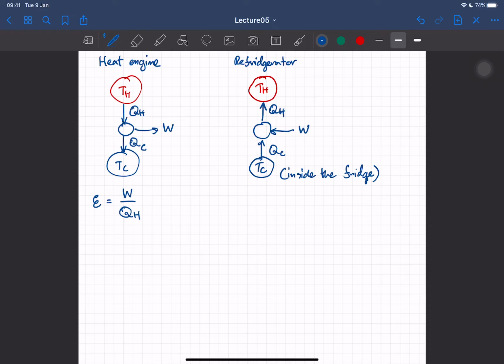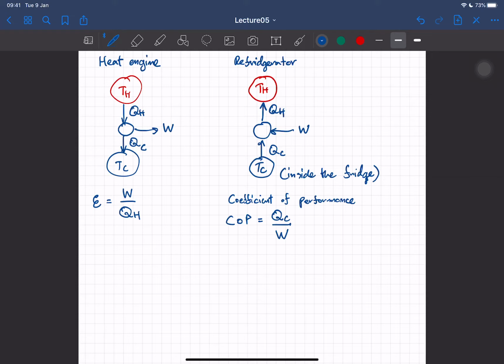But instead of calling it efficiency, we use a different name, which is the coefficient of performance, or COP, and that's defined to be what we want, again, divided by what we need to pay, which is W.